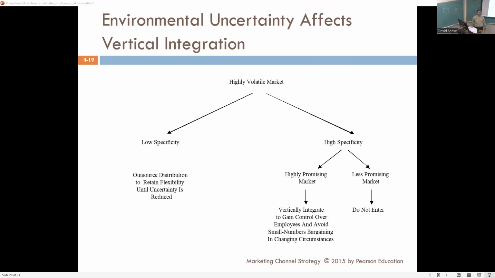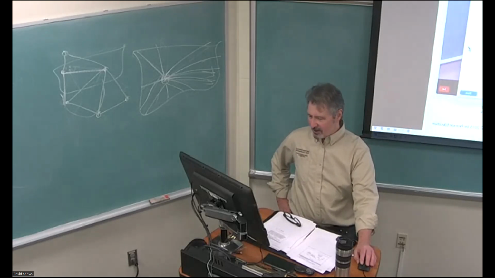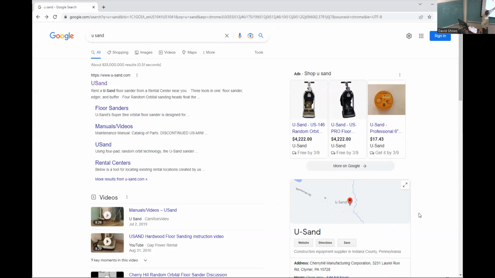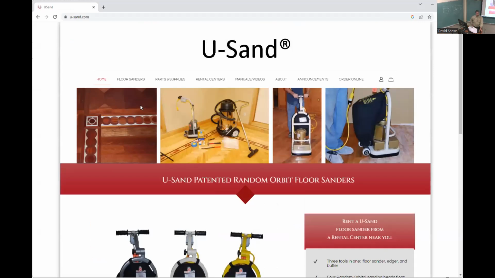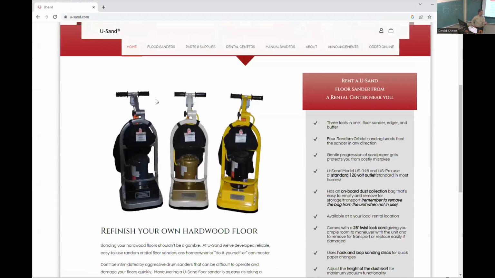Now, say we have a really unique product. I was talking to a sales manager, and he described a sander that is unique because it only sands hardwood floors, not softwoods.